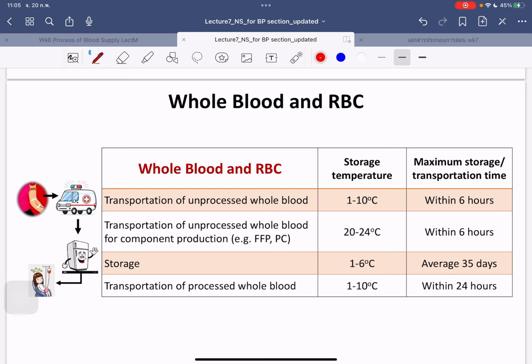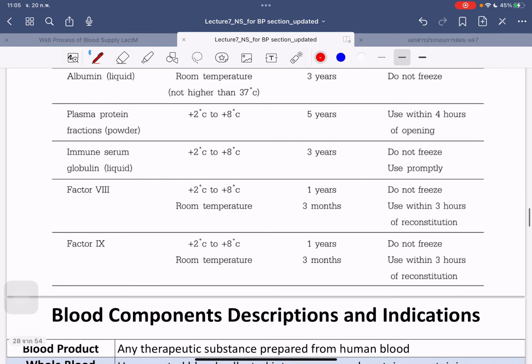Alternatively, you can follow this slide. I will not read it for you. Is there any component that you don't know?